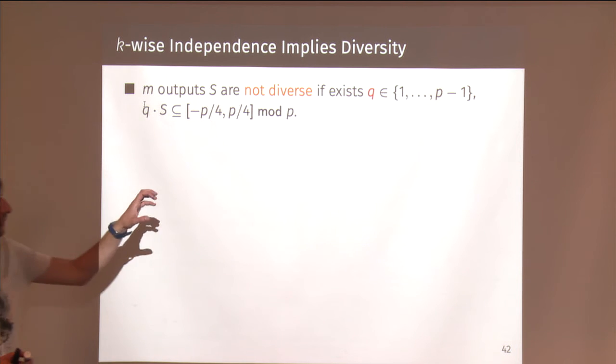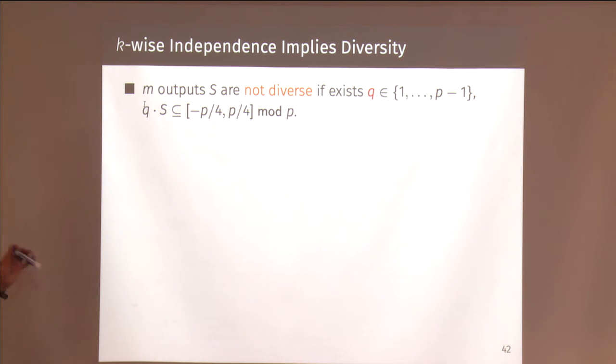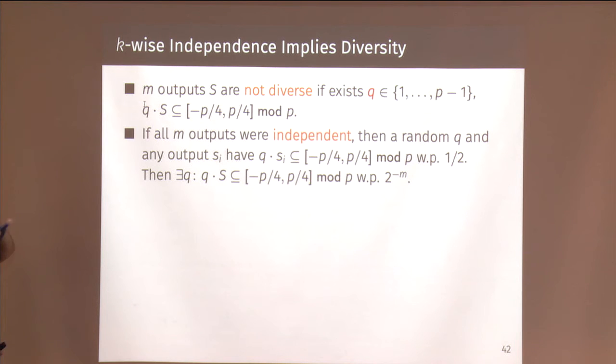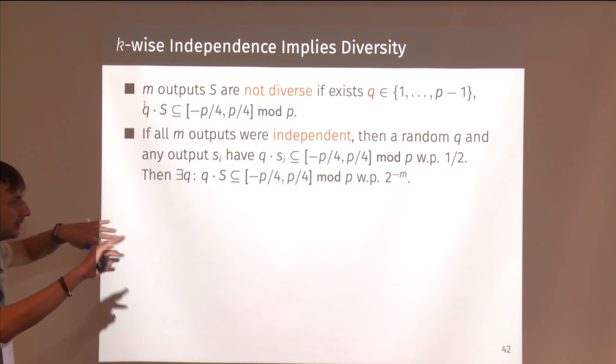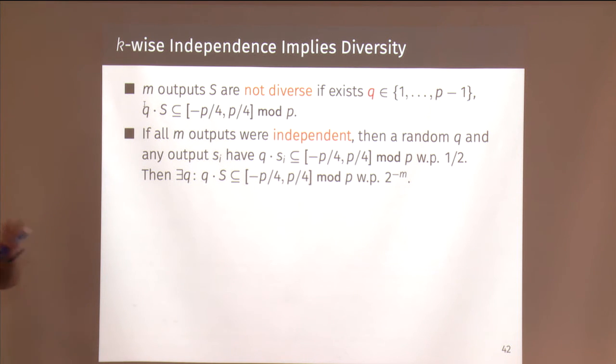If our M outputs to the queries were completely random elements of the group ZP, then it would be easier to see that with high probability they are actually diverse. If all our M outputs are completely uniformly independent elements of the group ZP.